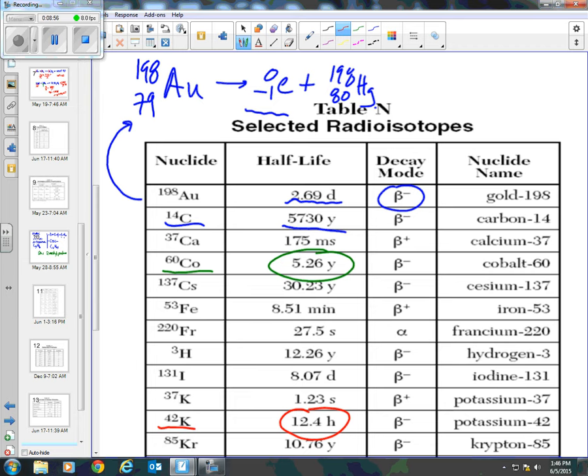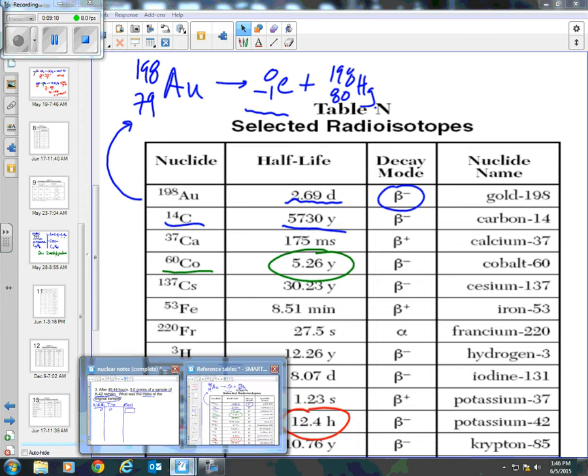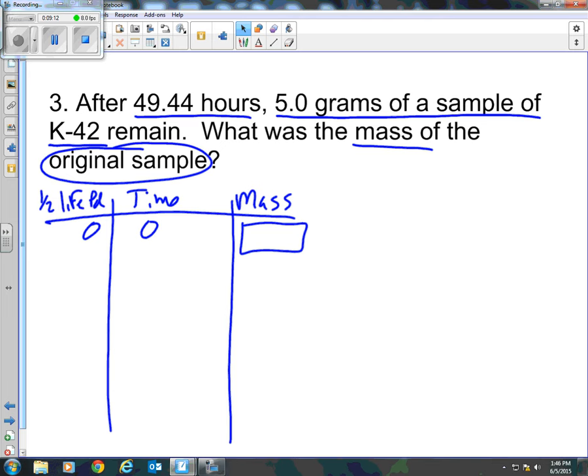So this one's probably got the most unstable nuclei of all the ones that we've talked about so far because it's got a pretty short half-life, 12.4 hours versus years or days that we've seen before. So that 12.4 hours is my half-life. After one half-life period, 12.4 hours would have gone by. Now, I know I would have half of the mass left, but I don't know how much I started with. That's okay.